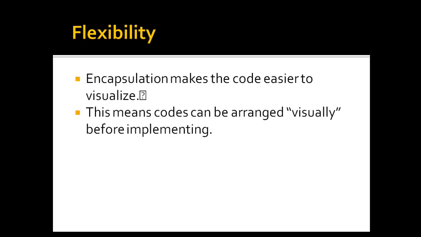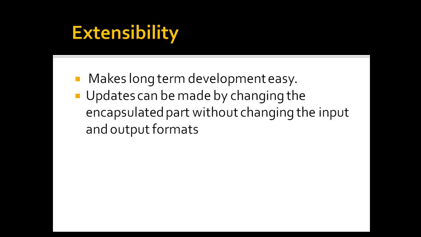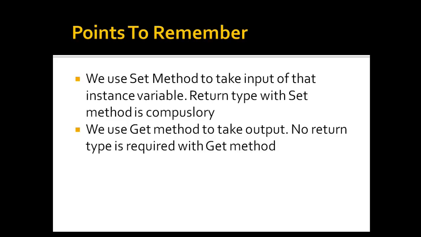What is the flexibility in encapsulation? Encapsulation makes the code easier to visualize. This means code can be arranged visually before implementing. Extensibility makes long-term development easy. Updates can be made by changing the encapsulated part without changing the input and output formats.